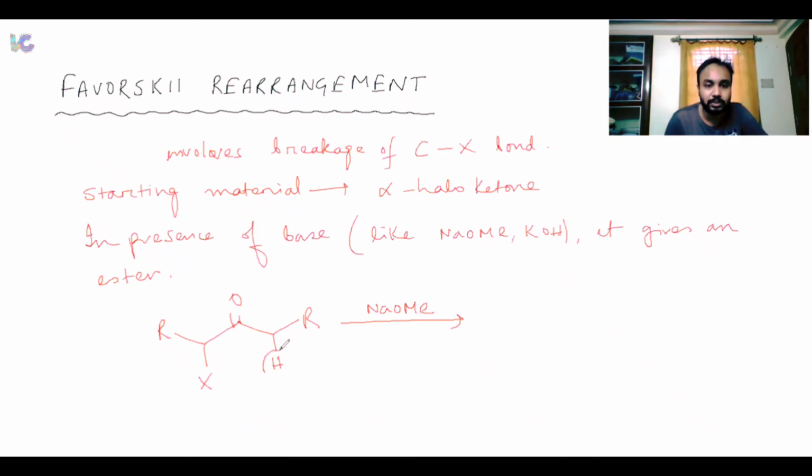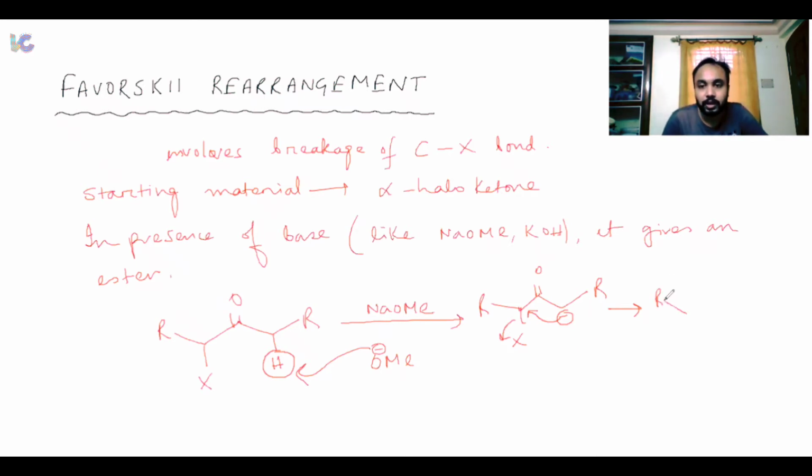This proton is acidic as it is present in the alpha position of a keto. So in presence of NaOMe, this NaOMe will abstract this proton, and it will give a negative charge over here. Now this negative charge will attack over here, and this X, this halo group, will leave.